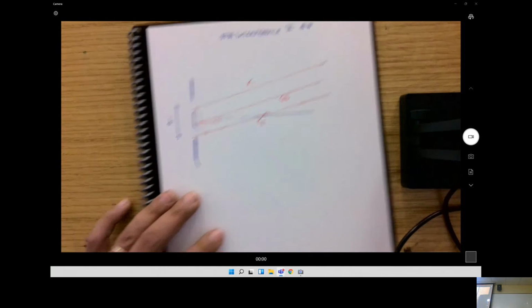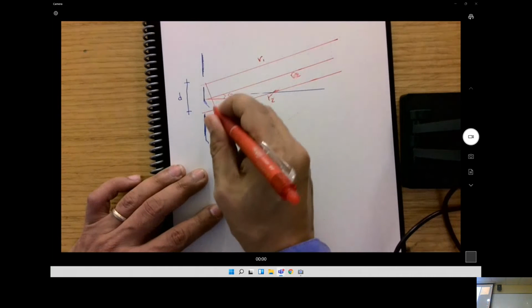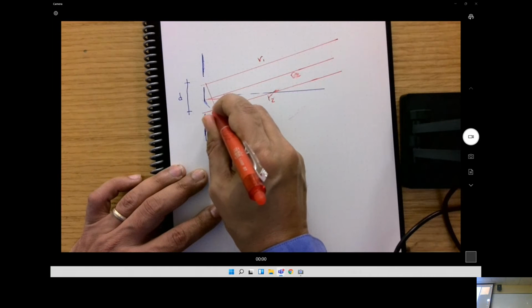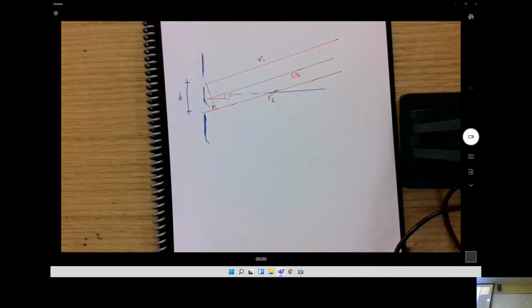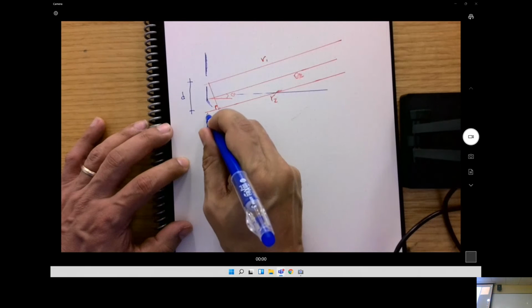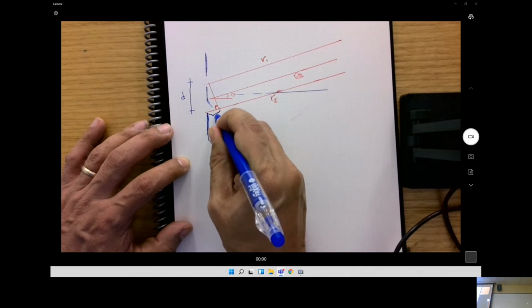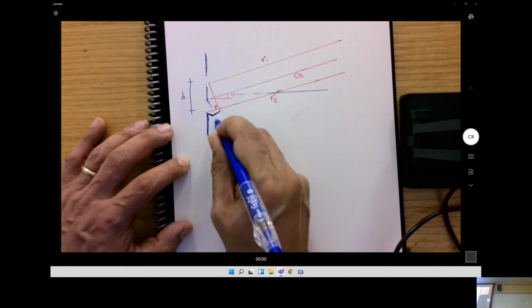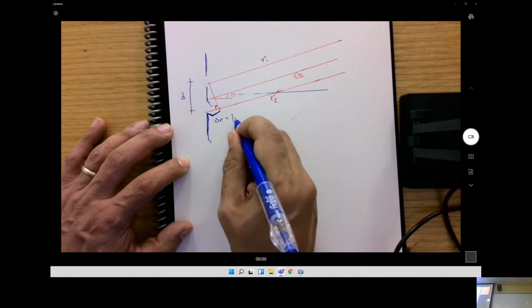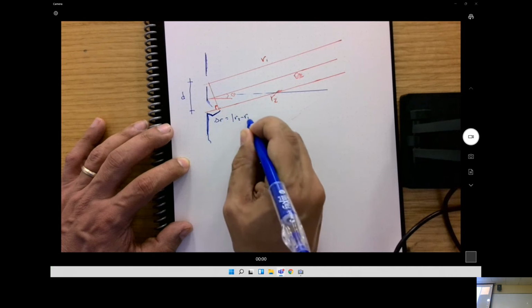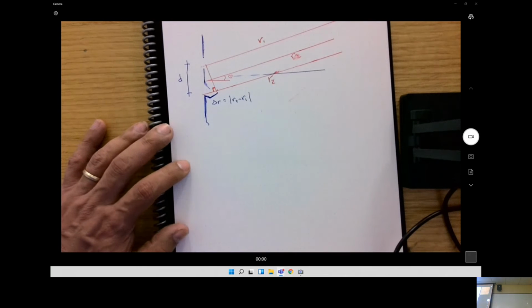Okay, if I do everything correctly, I'm going to have a 90-degree angle here. And this tiny difference, that's going to be my delta R. This is going to be the difference between the two paths.